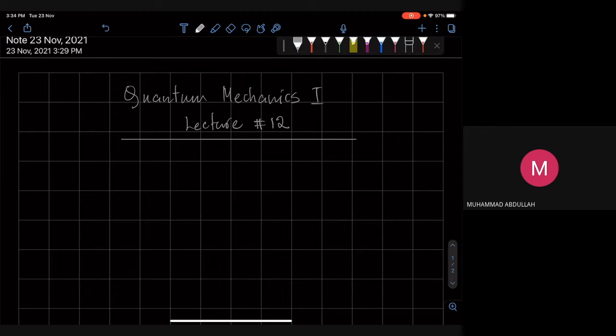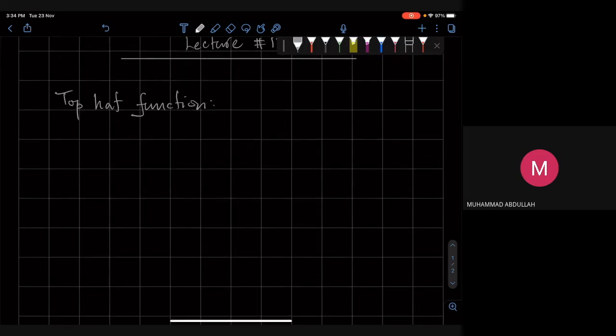And in a previous lecture, we saw that the top hat function is this very simple function, which we defined in a little bit of a peculiar way, where the width of the function was epsilon. So this was minus epsilon by 2. This is plus epsilon by 2.